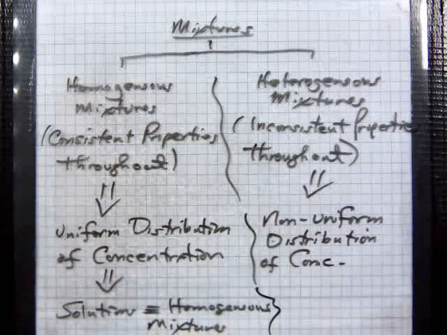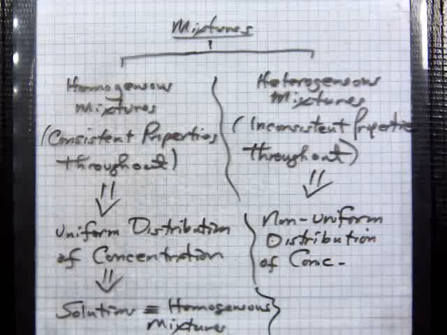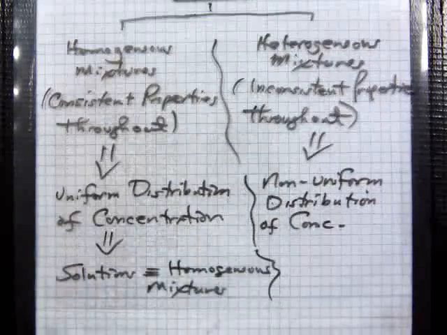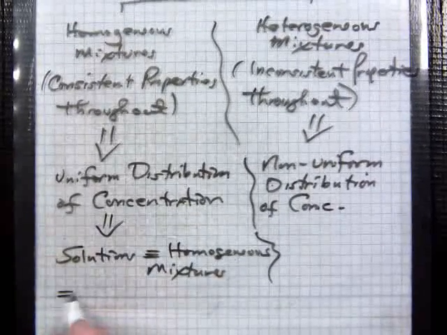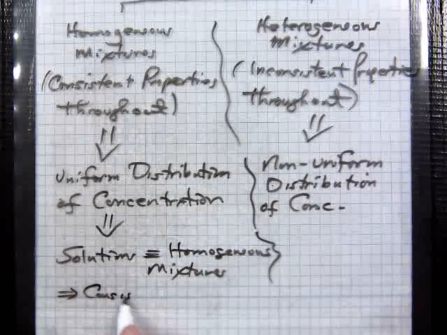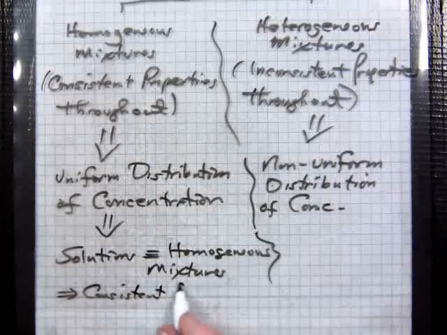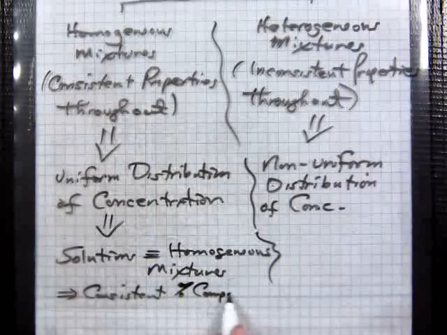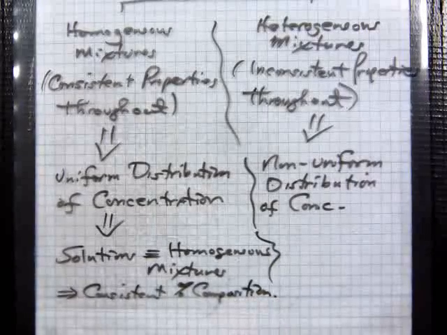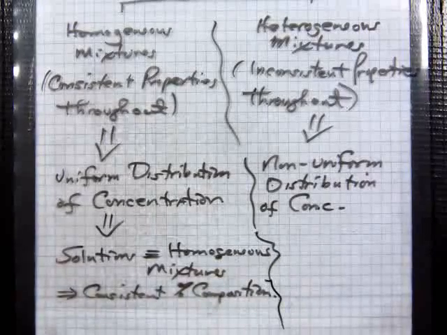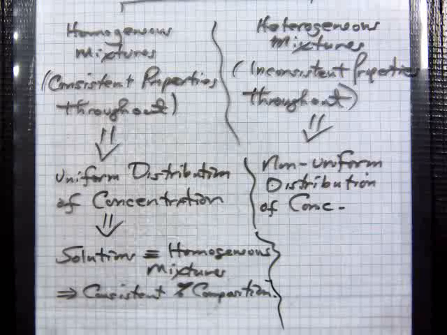In working with homogeneous mixtures, you can sample the mixture at any point in the combination, and you'll find the percent composition will always be consistent. Now, the expression of this consistent concentration is like a density term.